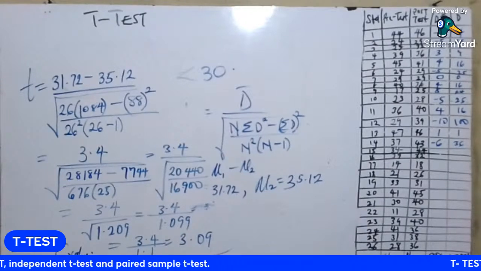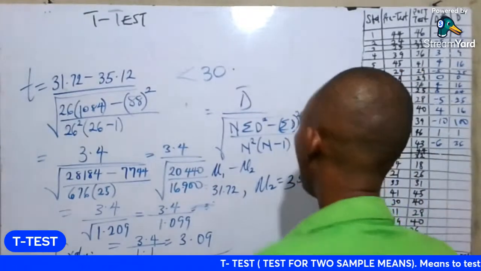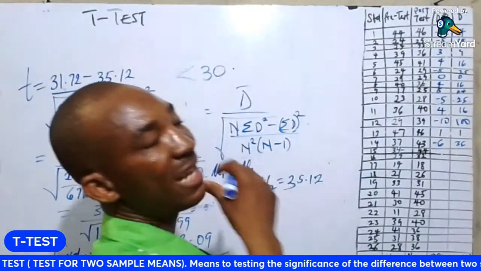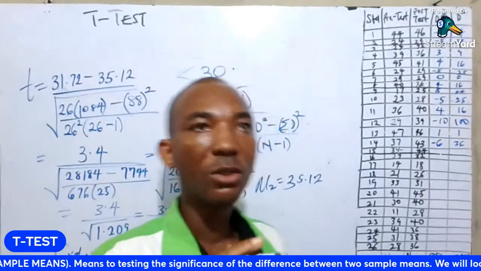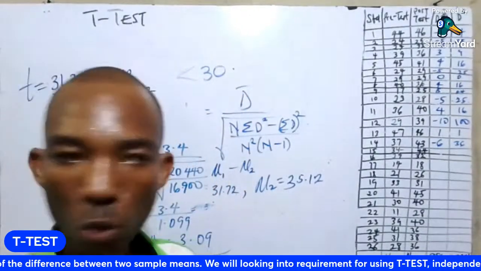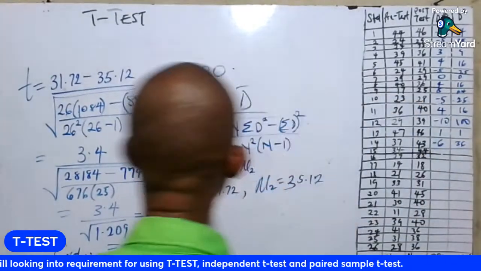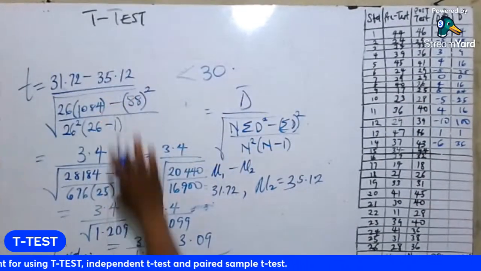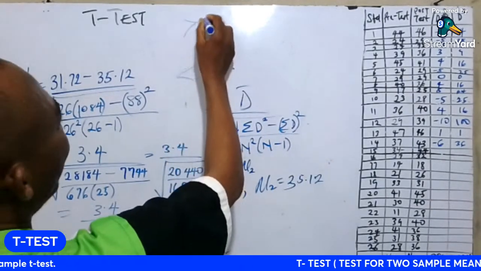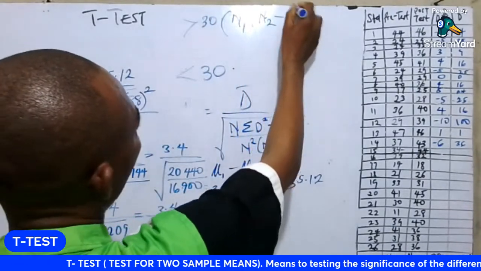So at this point, the only thing that we are left with is to get our degree of freedom. And I've given us the formula for degree of freedom. For the one that is greater than 30, the degree of freedom will be sample 1 plus sample 2 minus 2.